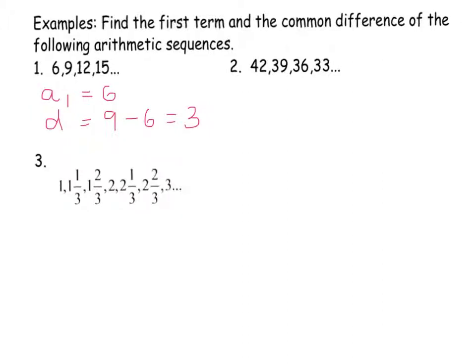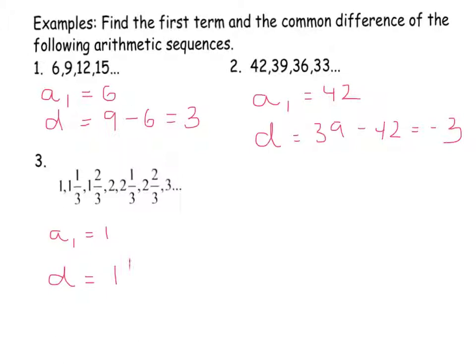On the next problem, the first term is going to be 42, and the common difference will be 39 minus 42, which will give me negative 3. And on the last one, a1 is going to be 1, and the common difference will be 1 and 1/3 take away 1, which will give me 1/3 for the common difference.